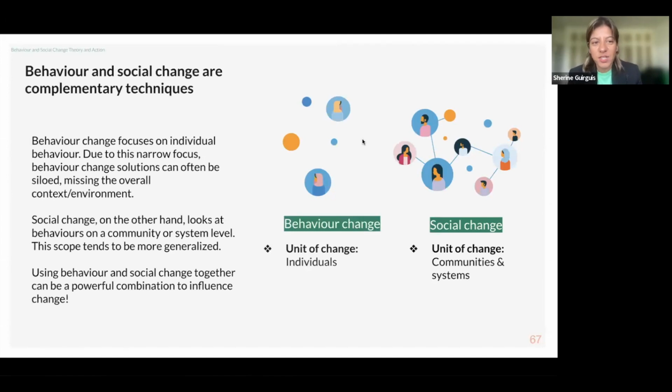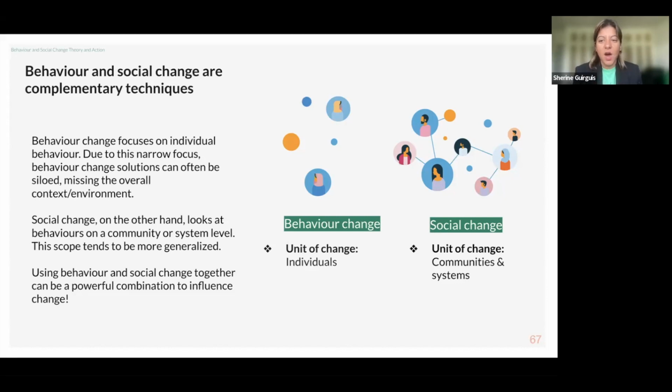So behavior and social change are really complementary. It's really impactful when you combine behavior change tactics that focus on individuals as the unit of change with social change tactics that focus on communities and systems. When we only focus on one or the other, we may not get the effects that we intend to have.